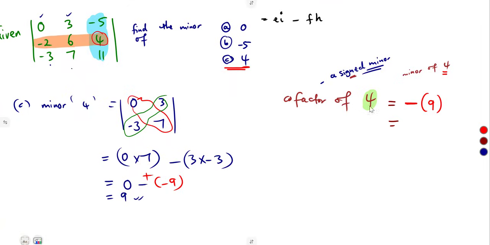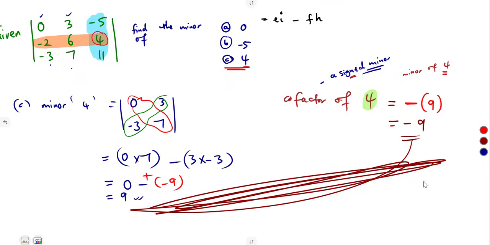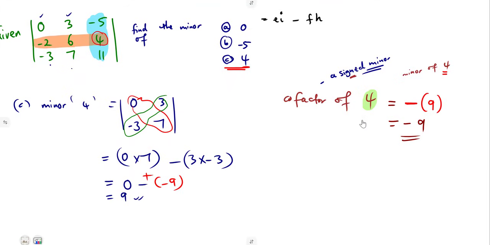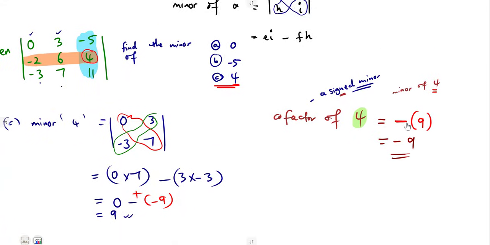The cofactor of element 4 is going to be negative 9, but the minor of 4 is positive 9. It does not mean these signs are supposed to change. If it was corresponding to a positive, it was not going to change, because a positive and a positive will simply be a positive. But you must indicate the sign to say it was affected by a sign.